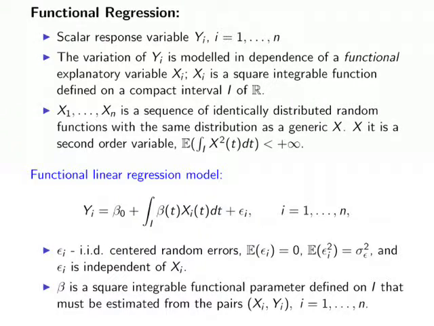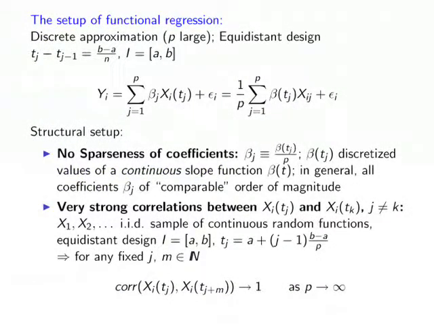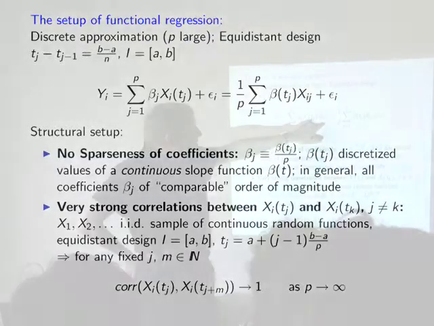So you have the slope function. If you rewrite that in a discrete setting with discrete observation points, the true beta j, the slope function, we have to divide by 1 over p. This is the Riemann approximation to the integral, with the xitj.